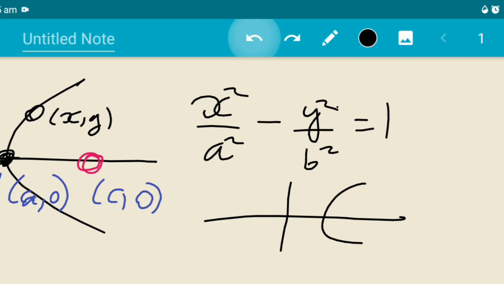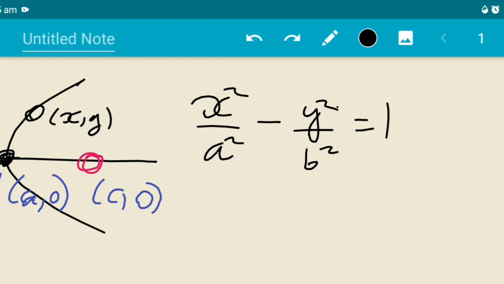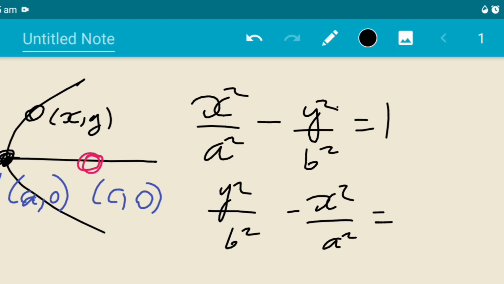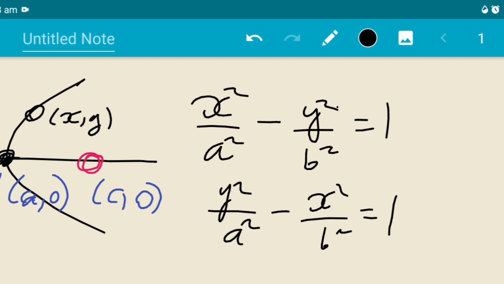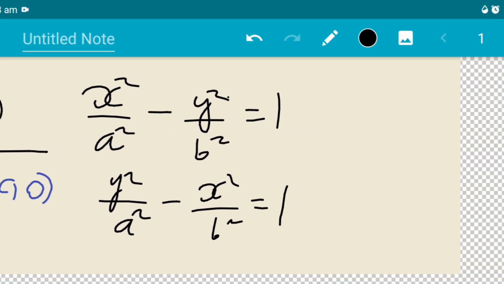If it is written as y squared over a squared minus x squared over b squared equal to 1, then your transverse axis is on the y-axis.